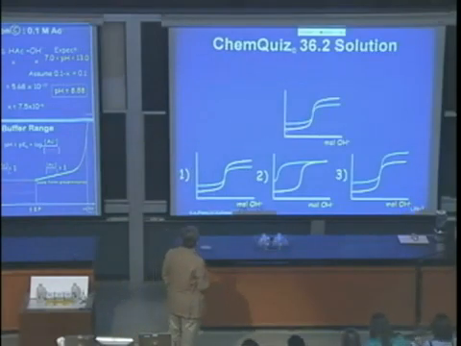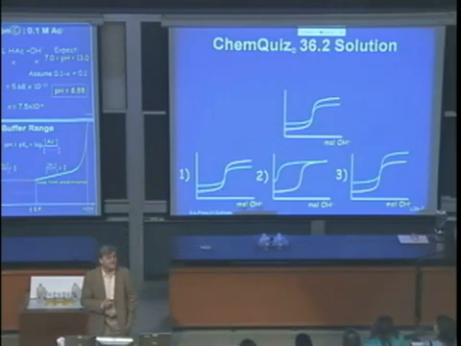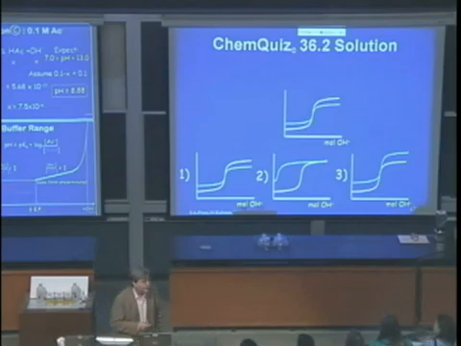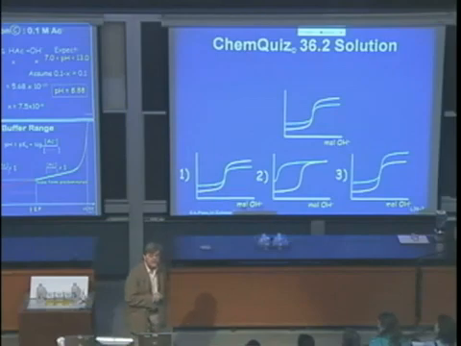So here, if we had 0.1 molar HCl, what is the pH? 1. Now I dilute by a factor of 10. What's the concentration in moles per liter? 0.01, 10 to the minus 2. What's the pH? 2.